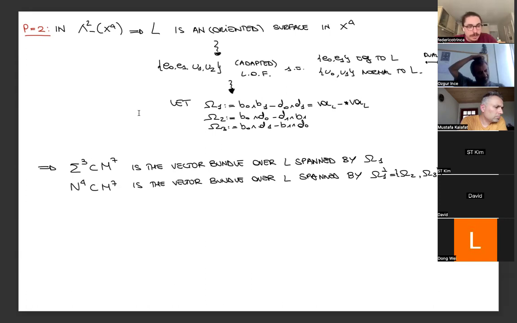And in the same way, N4, given by the orthogonal complement to ω1, gives you another vector subbundle of Λ²₋ over the submanifold L.